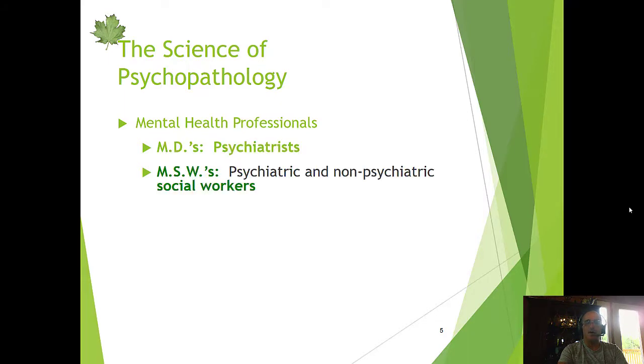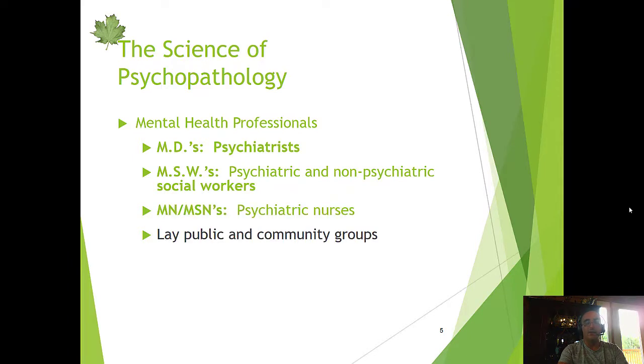In Canada, we also have MSWs, or Masters of Social Work, and they work in psychiatric and non-psychiatric social work settings. We have MNs or MSNs, which are specific psychiatric nurses that specialize in working in psychiatric mental health within the health settings. And then there are many lay, public, and community groups that address mental health issues, such as mental health associations, mental health workers, and mental health supports within the community.